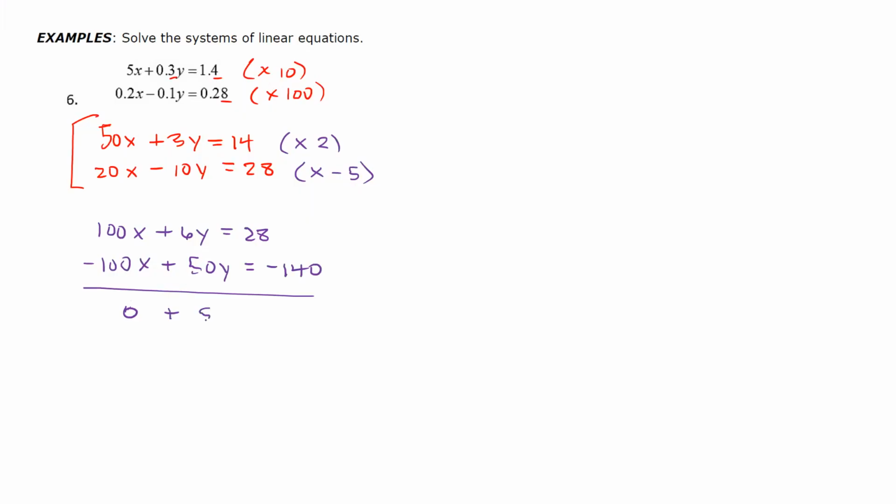And then I get 56y equals negative 112. Divide by 56, and y equals negative 2. Okay. So now I want to find the x variable. And I'll do that by substituting the y solution that we got into one of the original equations.